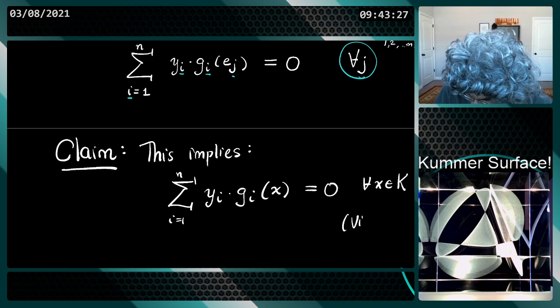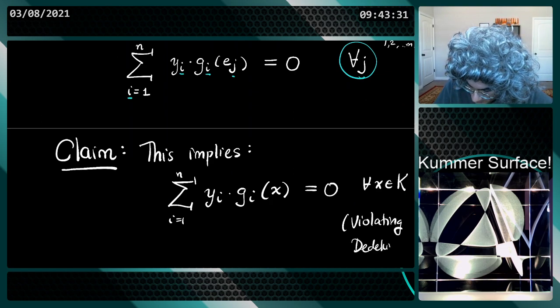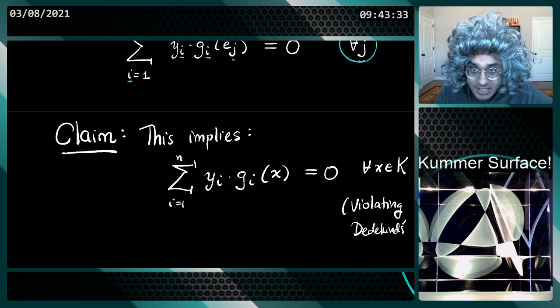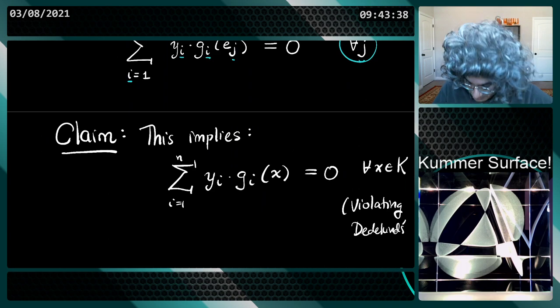This will violate Dedekind's lemma. These are linearly independent homomorphisms because they are distinct.